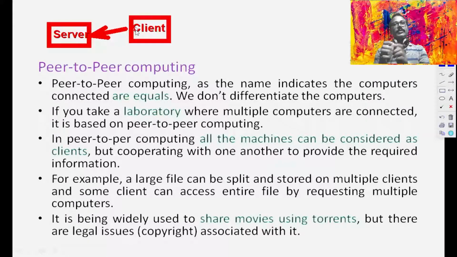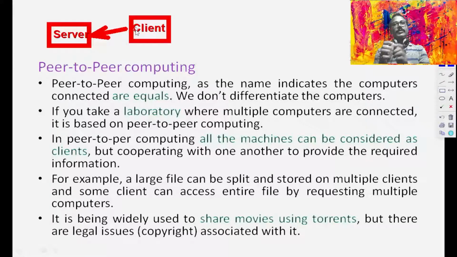But in your lab, you can do anything. But whenever you want to share to the outside world, there is a problem. So you can share using what are called as torrents. And torrents are based on peer-to-peer computing. If you have the habit of downloading movies based on torrents, then you definitely know about torrents. But be careful. Viruses are associated with the torrents. It's not recommended.